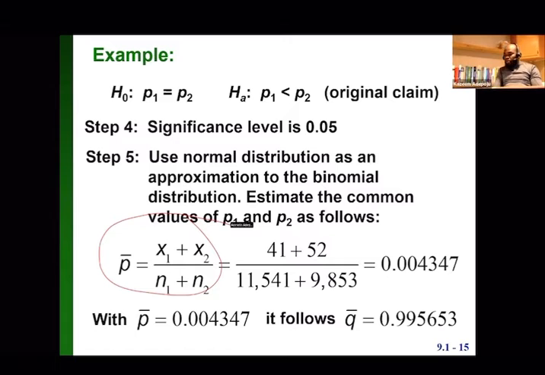Your p bar is the ratio of the total of the characteristic of interest to the total number of samples. This is my p bar right now. After getting my p bar, I can get my q bar, because my q bar is going to be 1 minus p bar. So that is what you're going to have.